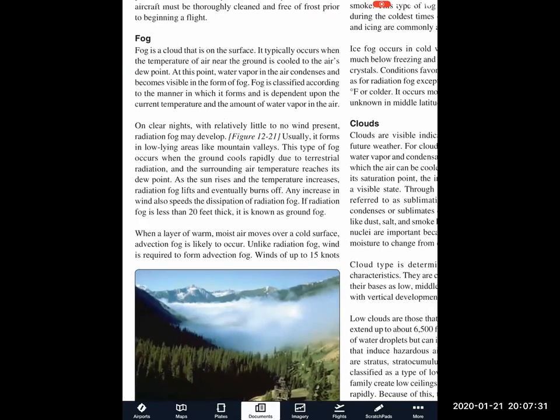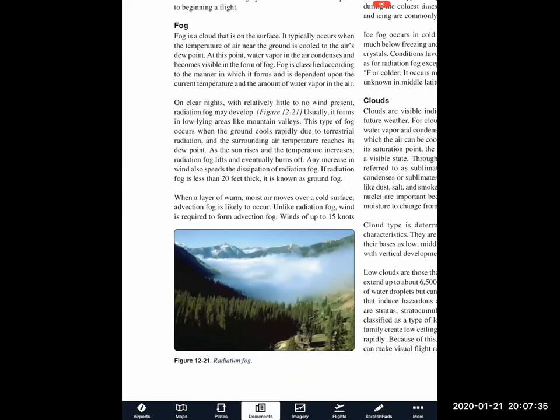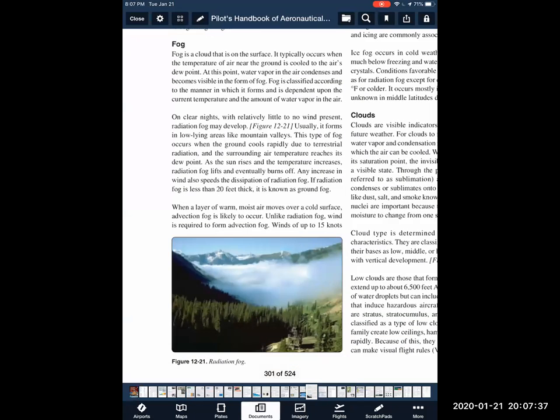So what is radiation fog? Well, basically, overnight, as the sun goes down, of course, the ground is going to cool more rapidly than even the air above it. So as the ground cools, the air directly above it is going to radiate heat to the ground. So there's a heat exchange, and as the air radiates heat to the ground, that air is going to cool.